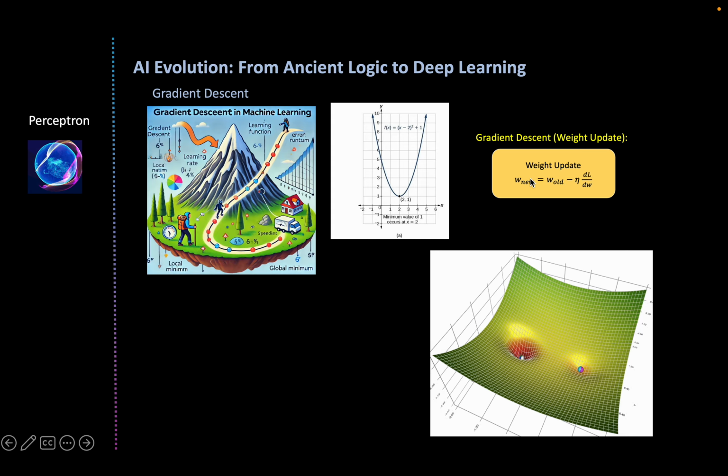So the new weight will be the old weight from the previous iteration, plus or minus this amount, based on the importance or gradient of that particular weight connection. So this is how the gradient descent algorithm works.